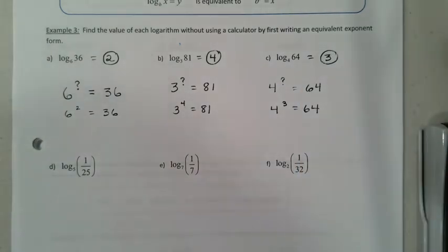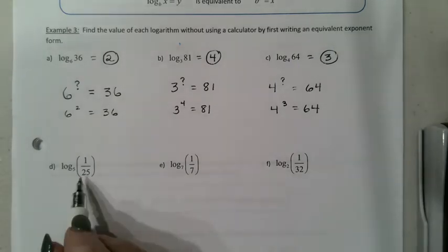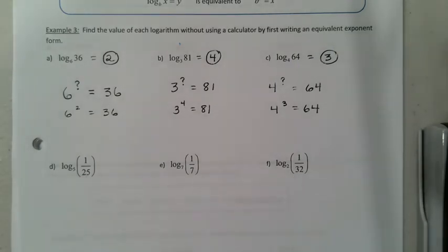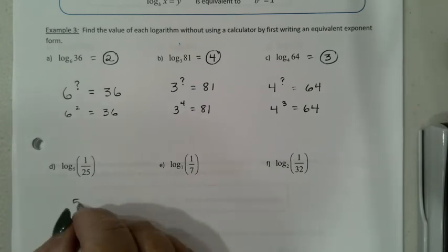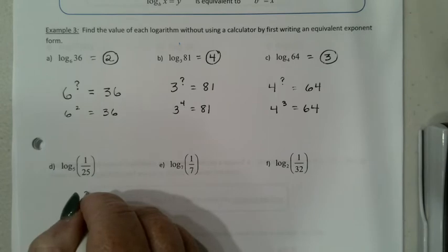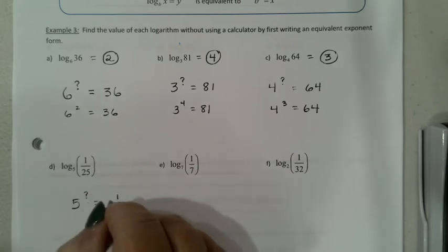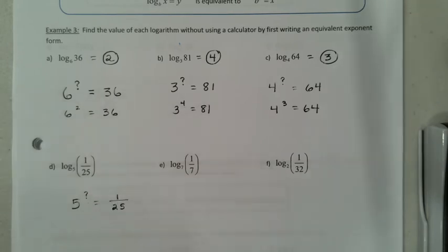All right, next few examples all involve having a fraction in the argument, in other words, inside the log function. So the log base 5 of 1/25. With a base of 5, what power would I have to use to get a result of 1/25?